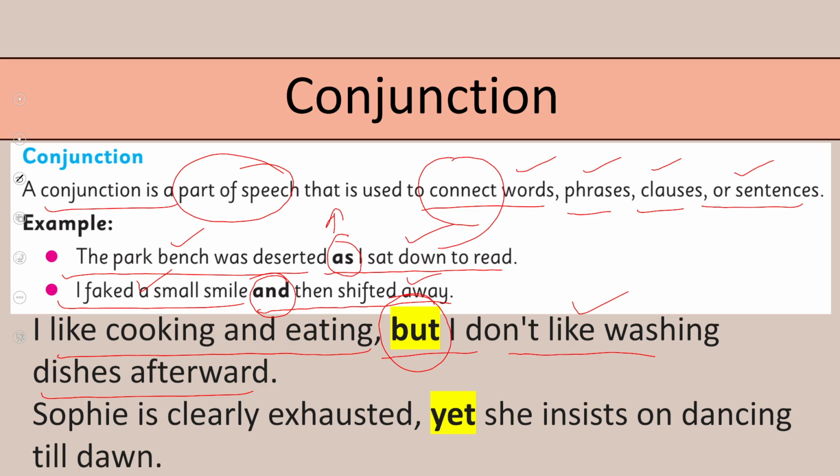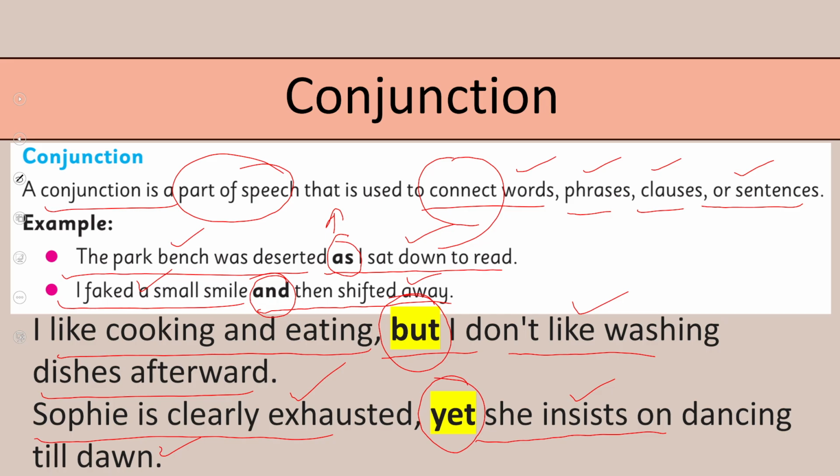Next one is, Sophie is clearly exhausted, yet she insists on dancing till dawn. Now here, this part, yet, is also our conjunction word. This is linking this part of the sentence with this one, and that's how we connected them together.